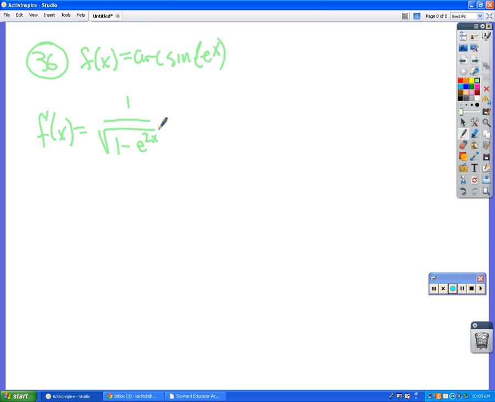Times the derivative of the e to the x, right? Wait, would it just be 2e to the x? No, we're not taking the derivative of the derivative. We're taking the derivative of the, okay. Yeah, I just got that.